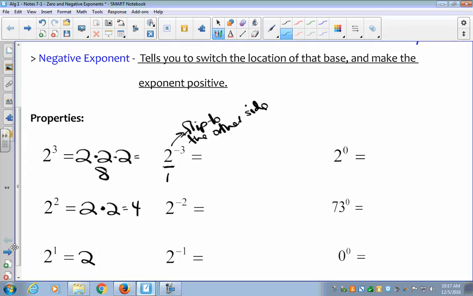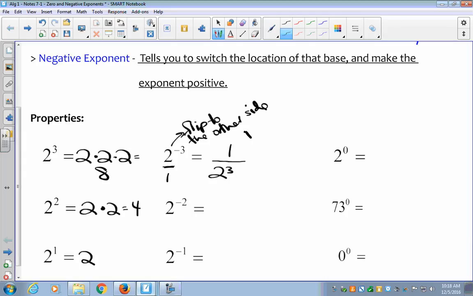So this is like 2 to the negative 3 over 1. I'm going to pull it down into the denominator. So when I pull it down, I'm just left with a 1 on the top. You don't get a 0 on the top because there's a times 1 up there. So 2 to the negative 3 becomes 1 over 2 to the 3.